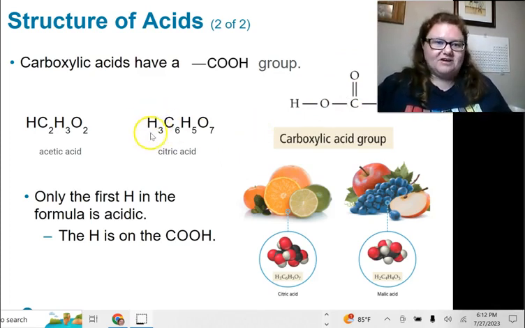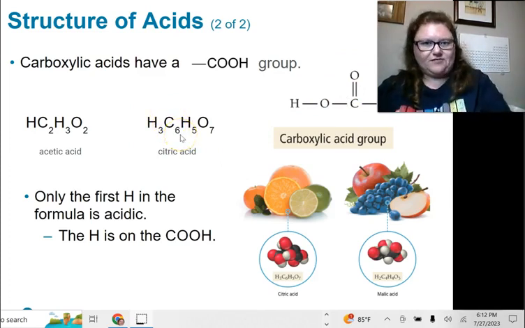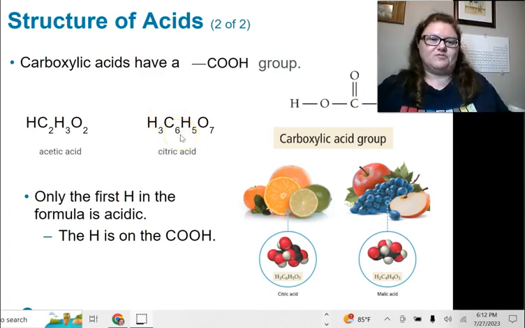So I would write 3 hydrogens, and they would connect to 1 carbon, then a few chains of carbons with a couple hydrogens branching off of each, and then I would have this typical ending, since I know it's a carboxylic acid. I would have a C double bonded to an O, then an O and an H, because I know that it's that class of acid.